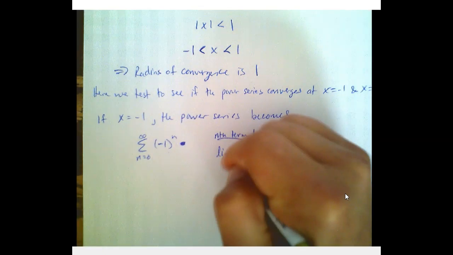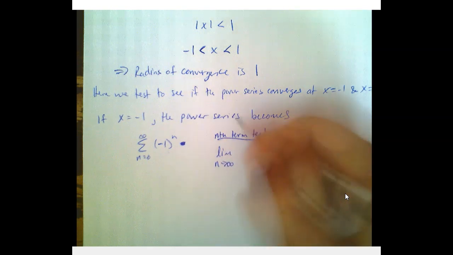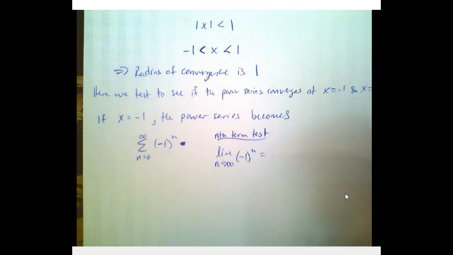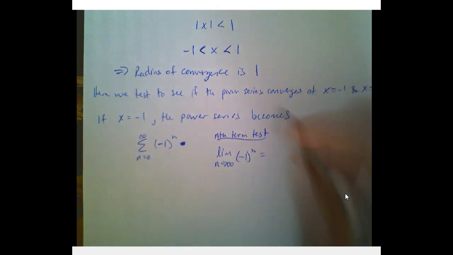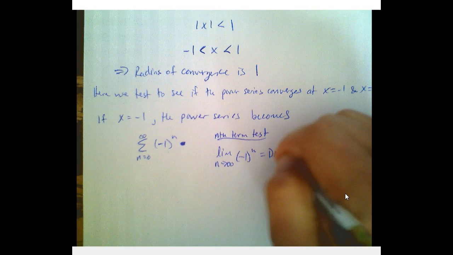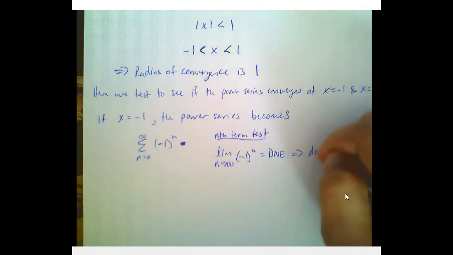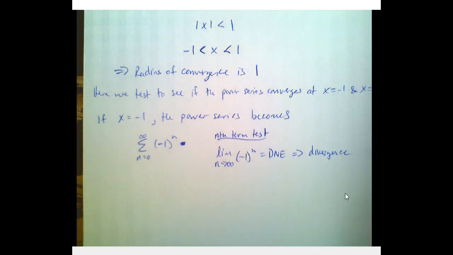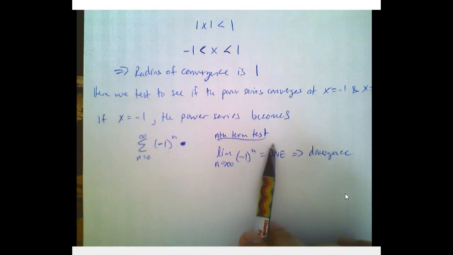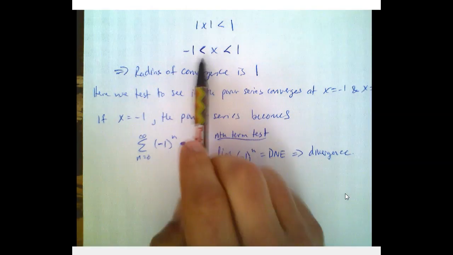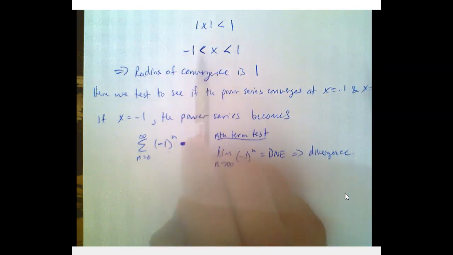So test this limit, of (-1)^n. Well, for various values of n, this oscillates back and forth between positive 1 and -1. So this limit does not exist, which implies divergence. So this diverges by the nth term test. We do not have convergence when x is -1.